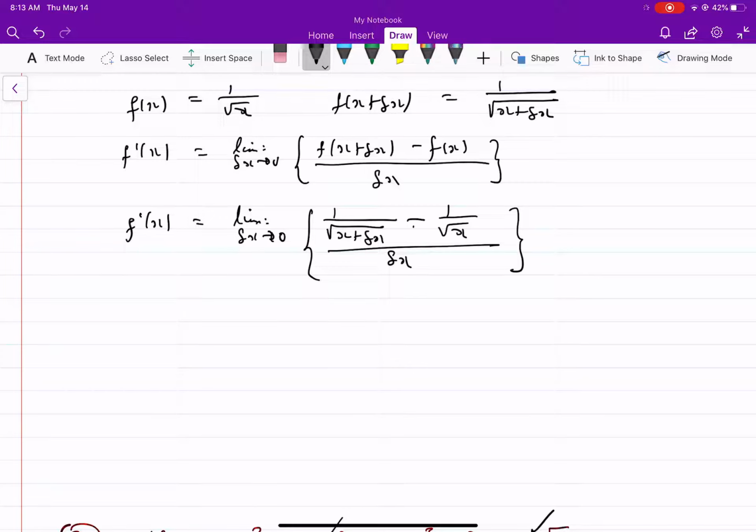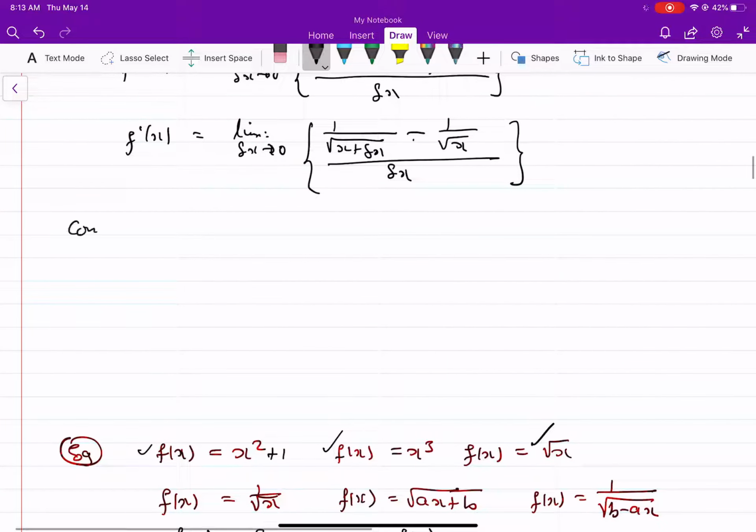What I want to do is to make this entire thing into a single fraction first, before I rationalize. If I indeed have to rationalize, I think I still have to rationalize. So I'll pull it out and work on it.